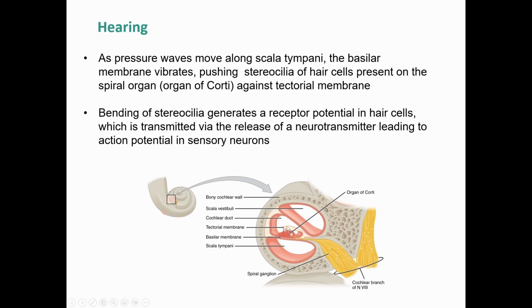This is going to push stereocilia against the tectorial membrane, which is over the top. So we're kind of pushing it up, squishing those stereocilia of the hair cells up against the tectorial membrane. As we bend those stereocilia, this triggers a receptor potential in the hair cells. We release a neurotransmitter. That neurotransmitter is picked up by sensory neurons, which then release an action potential.